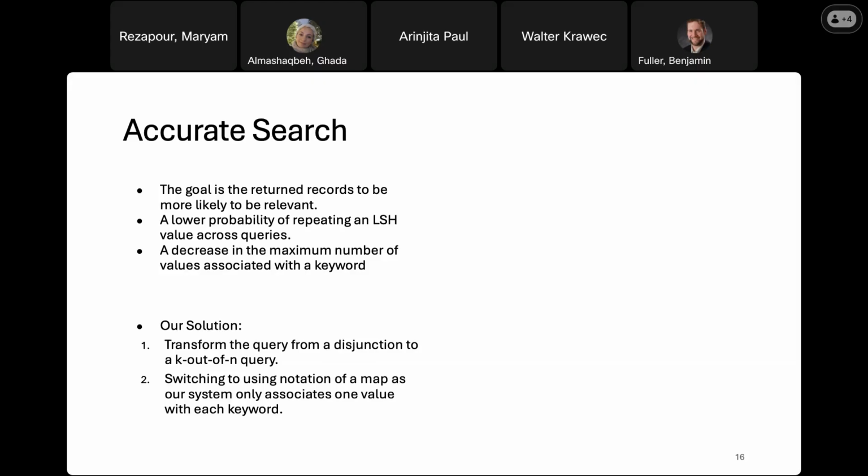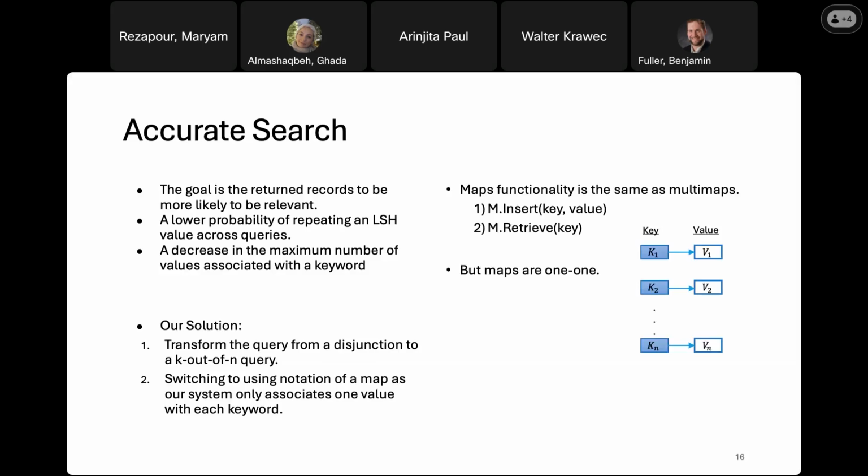To that end, we use the notion of a map, so that only one value is associated to each keyword. Maps have the same functionality as the multi-map we talked about before, insert and retrieve, just that maps are one-to-one.